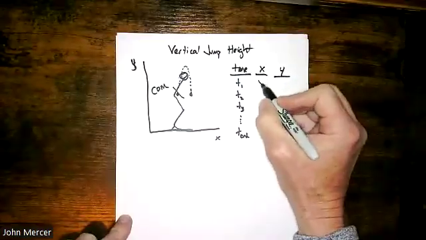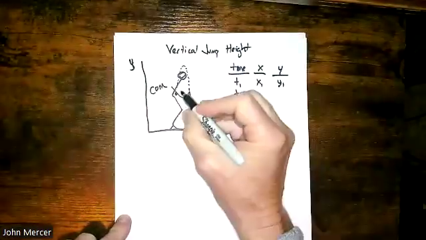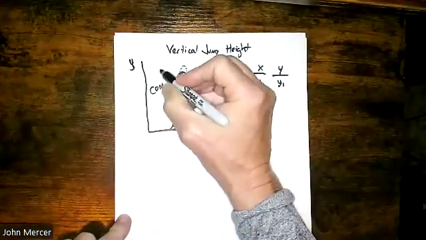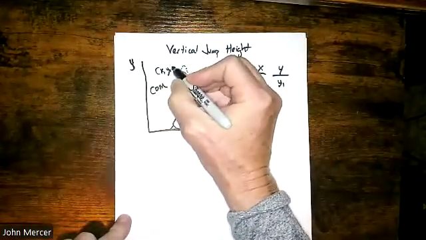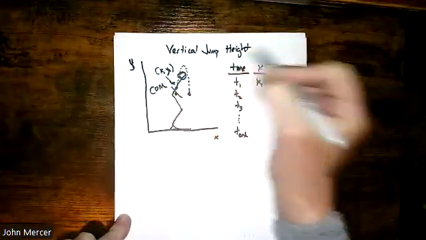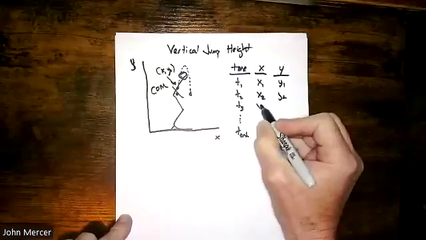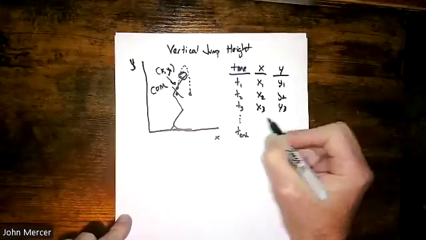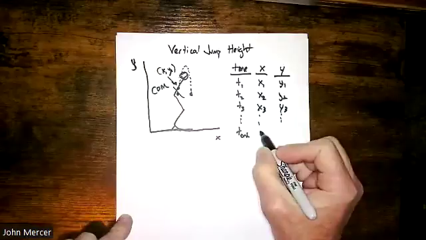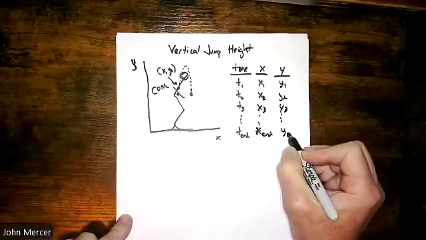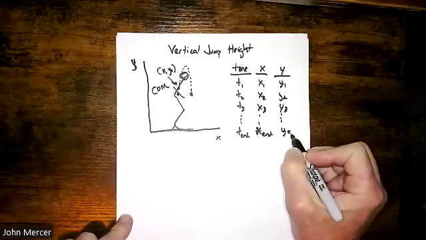And then I'd have a corresponding X1 and a Y1. Let's say it's right there, okay? That would be X1, Y1, okay? And then I'd have X2, Y2, X3, Y3, and so forth. And I'd have the end X point and the end Y point.